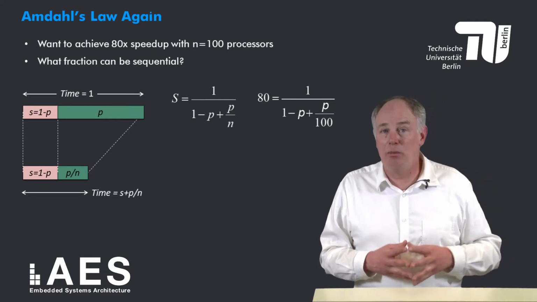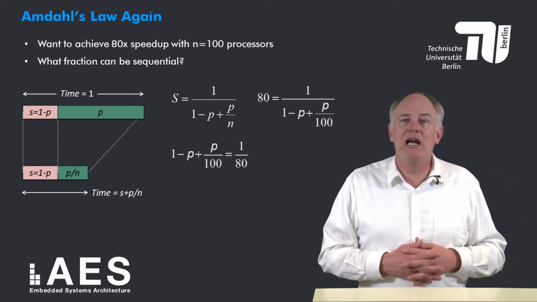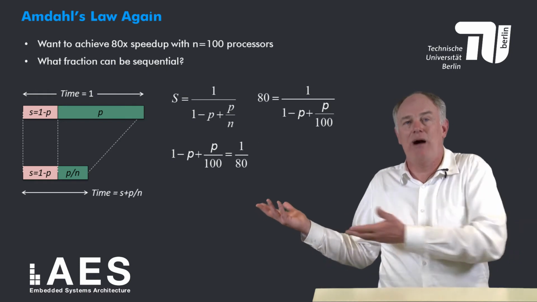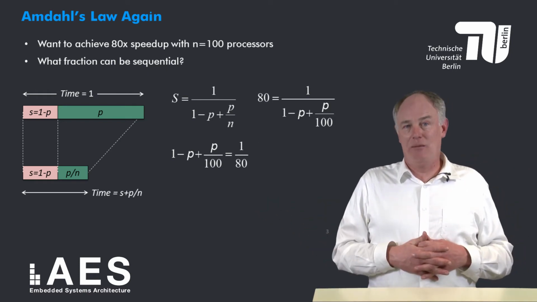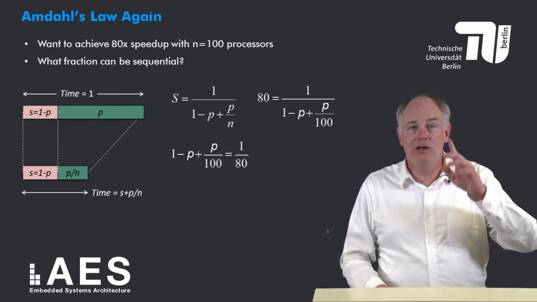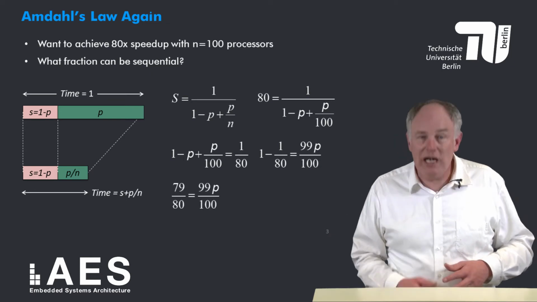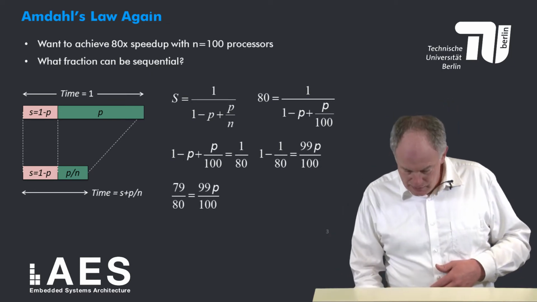We can do some algebraic manipulation. We can multiply both sides of the equation by 1 divided by 1 minus P plus P divided by 100 and divide both sides by 80 to obtain this equation, which simplifies to this equation and finally to this equation.